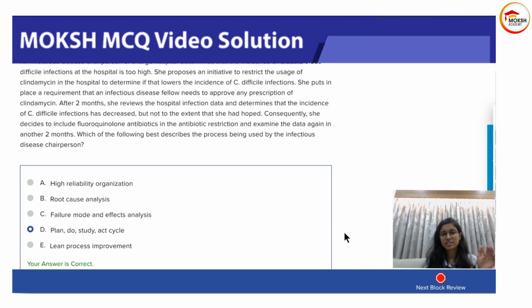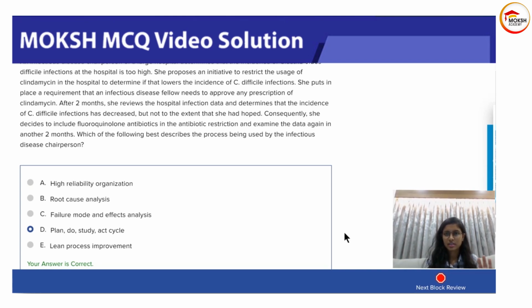Now these organizations could be anything, in a hospital setting, basically. But what we mean is that they have a very low failure rate. That's the bottom line. Okay, here we are not looking at any organizations, or considering patients to consult an organization that has low failure rates. We are not doing that. We are actually doing a plan, do, study, act kind of cycle, right?